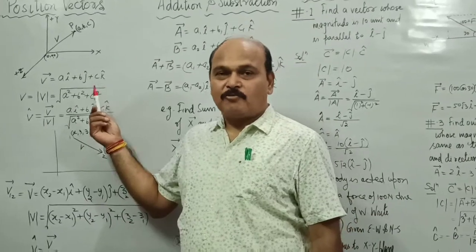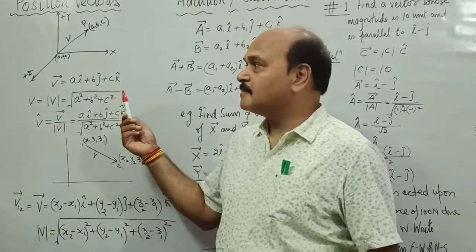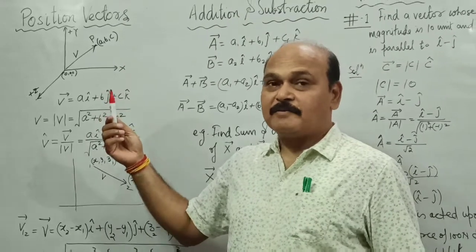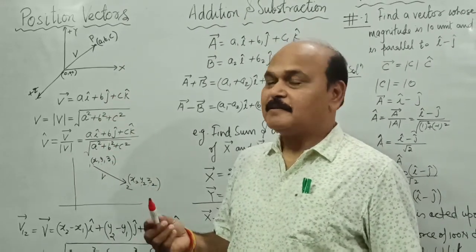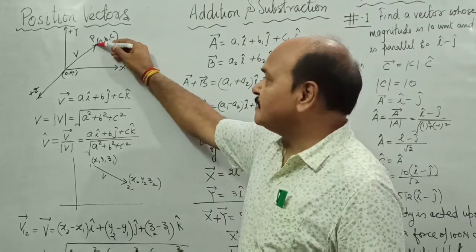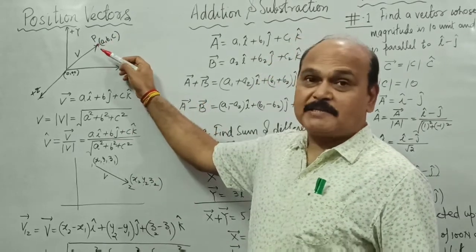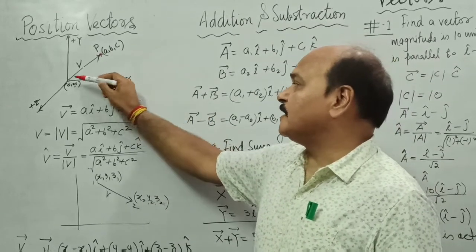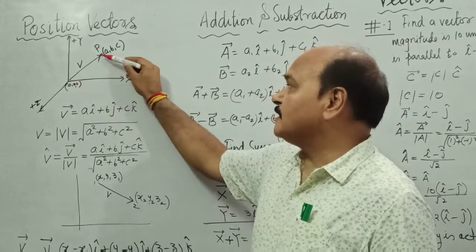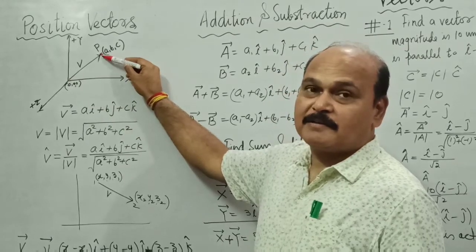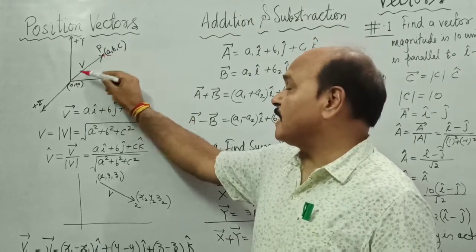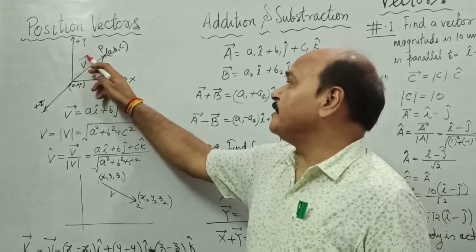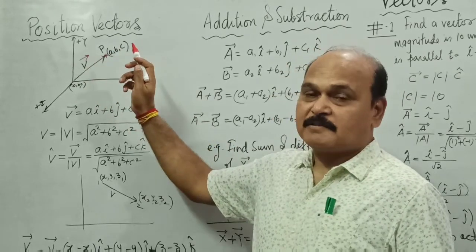We studied what position vectors are. Position vectors express the position of a point in space. If this is a point in space and its position coordinates are A, B, C, and if we make a vector from the origin joining this particular point, this arrow is nothing but the position vector of point P in this space.